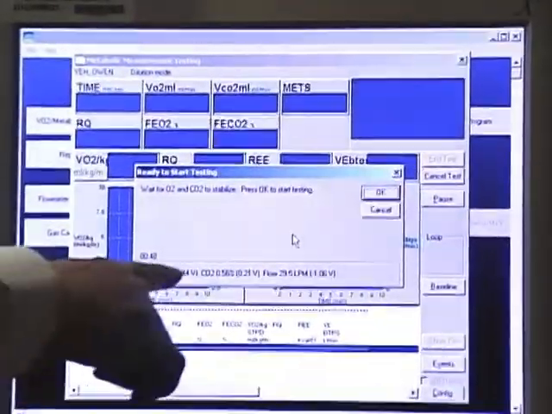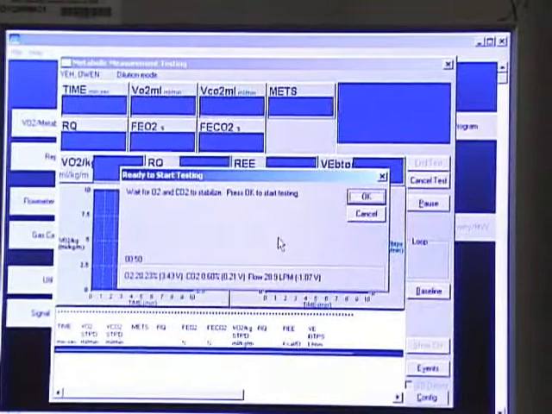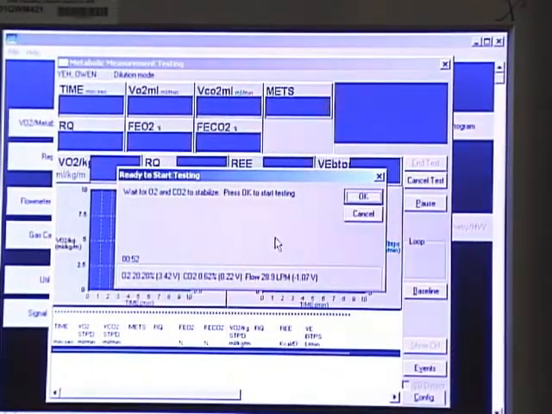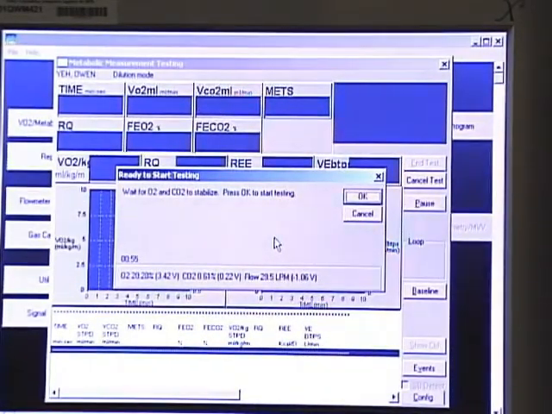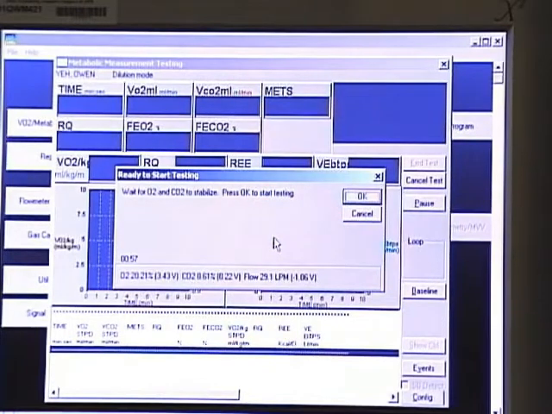And there's a delay time. We need to wait for 30 seconds to get a good reading of the CO2 concentration diluted.